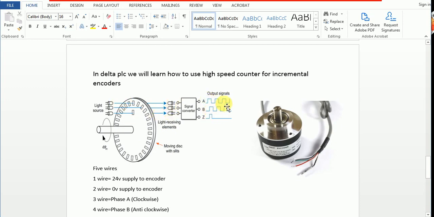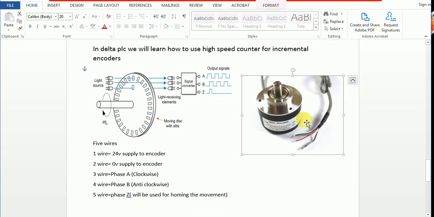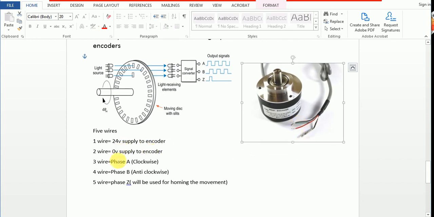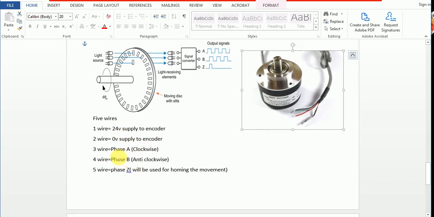Like here you can see A, B and C, 3 values, and this is a counter, and it has 5 wires: black, red, green, brown, white. One wire will be used for 24 volt, the second wire for 0 volt, and the other 3 will be phase A, phase B and phase Z. You can see phase A and B differ from each other by 90 degrees. At this position it is 1, then it will be 0.